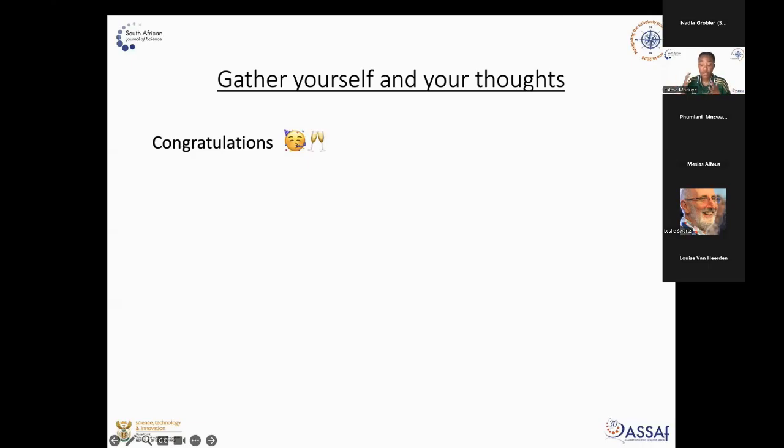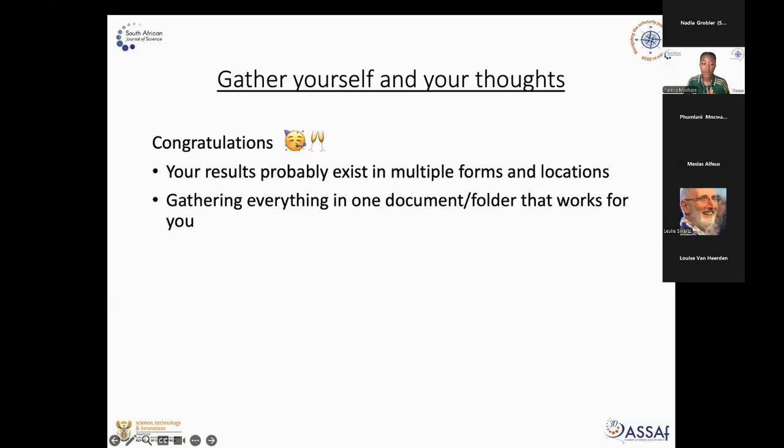And before you get to the point where you're storytelling, probably your results exist in multiple forms in different locations. The first thing that you need to do is gather everything in one folder or a document or whatever works for you. Gather everything into one. This is going to be helpful once you have a meeting for the planning of your paper.